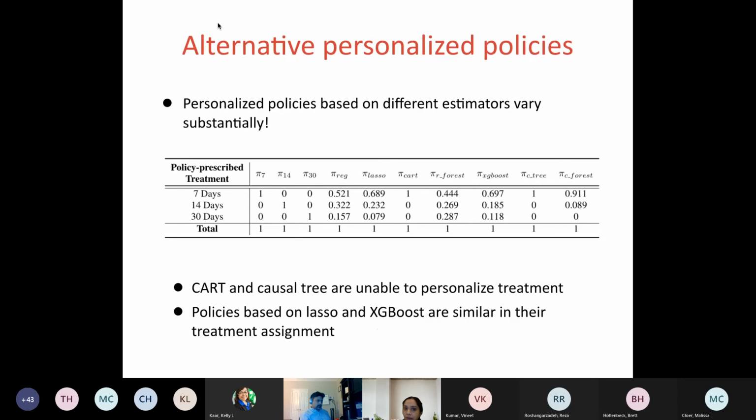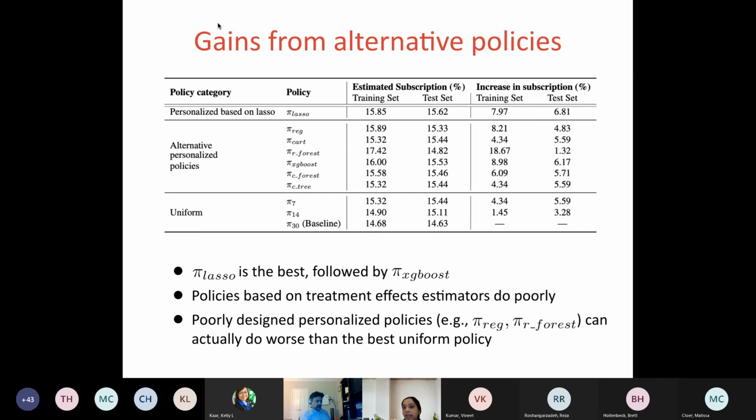So this is how they assign policy. Let's look at the gains from these alternative policies. At the very top, I have the policy based on lasso, which is what we used in the paper, but I'm showing you now the alternative personalized policies. What you see here is that the policy based on lasso is actually the best, which you might find surprising because lasso is a really simple model and there were much more complicated models in there. And we find that XGBoost does the second best.